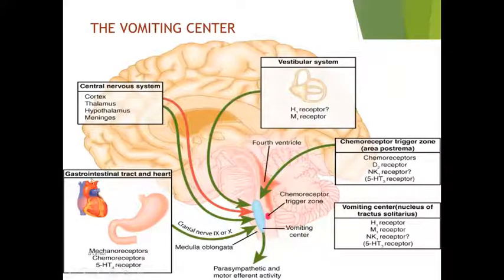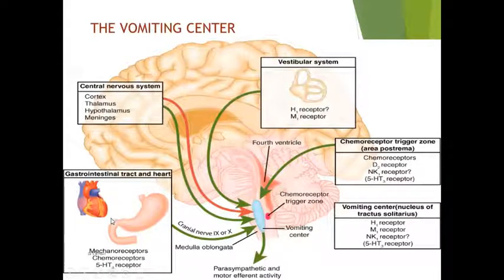So let's start with the gastrointestinal tract and the heart. In the GIT, there are mechanoreceptors, chemoreceptors, and also serotonin receptors. When these receptors are stimulated by toxic chemicals or by stretching, that will cause pain.